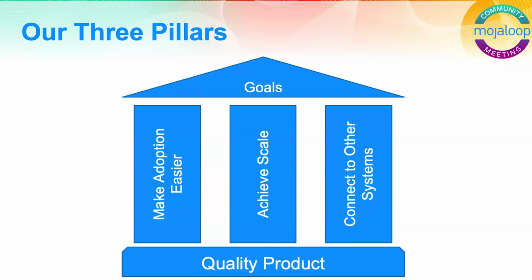I think you've already heard some of that in the proof of concept updates today, because a lot of those proofs of concept have been about connecting to other systems. Underscoring all of that is the quality product. This is all about making sure that the Mojaloop core itself remains secure, reliable, and achieves the performance objectives that we expect of it.